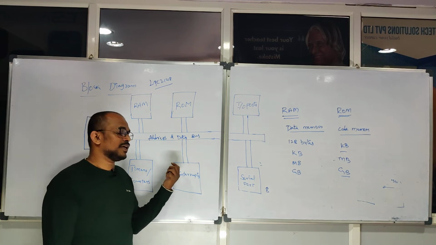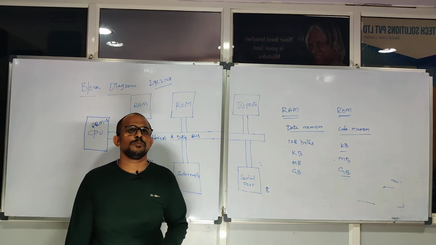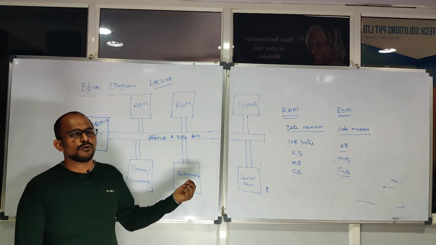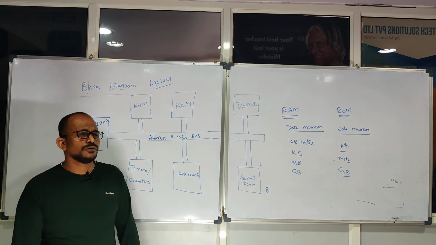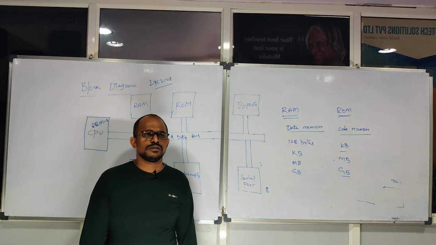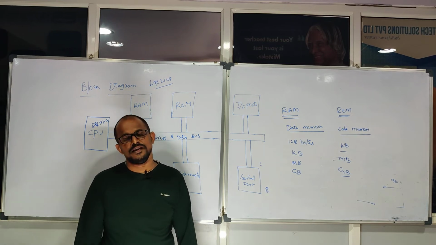Then interrupt. The standard meaning of interrupt is very clear: interrupt means disturbance. But how can you say that interrupt is a feature of a microcontroller? Our main motto is to do applications with microcontrollers to replace human beings, right?